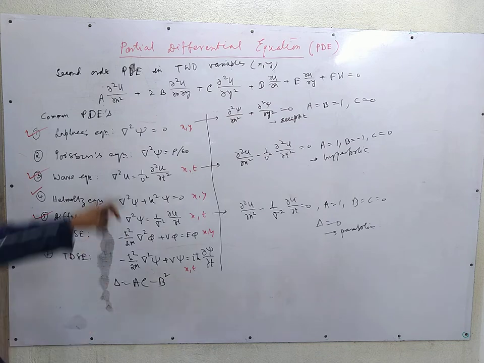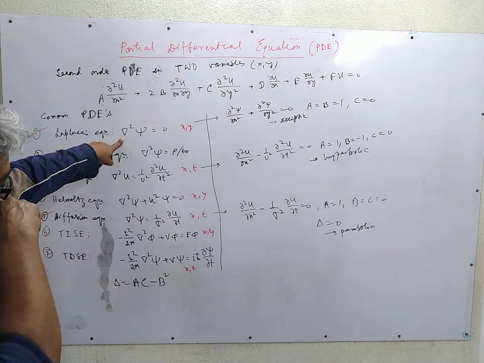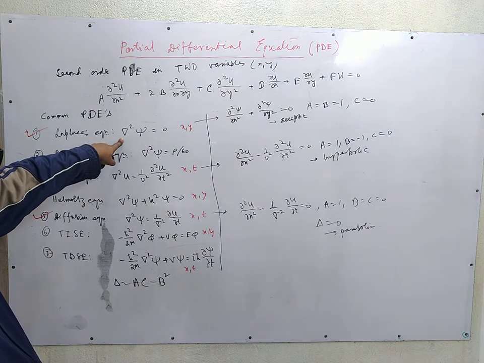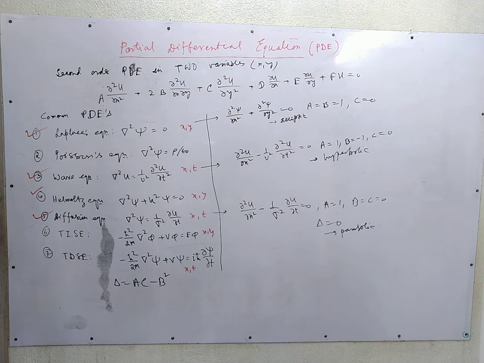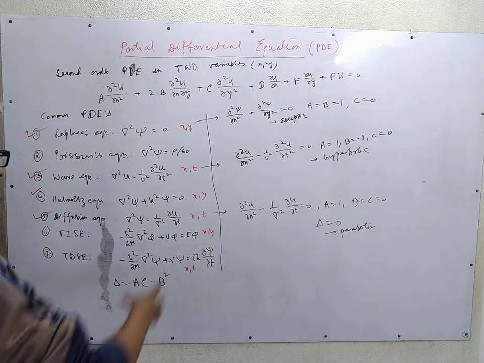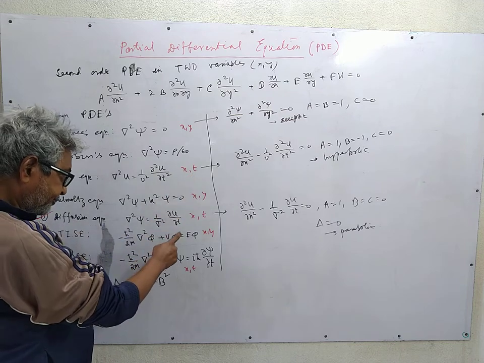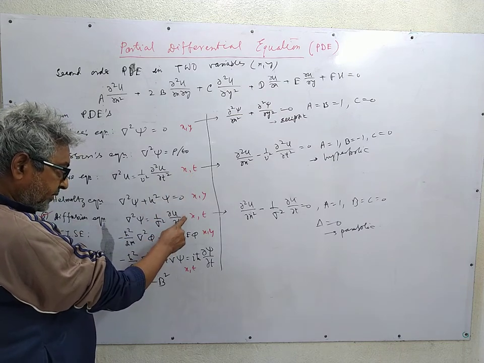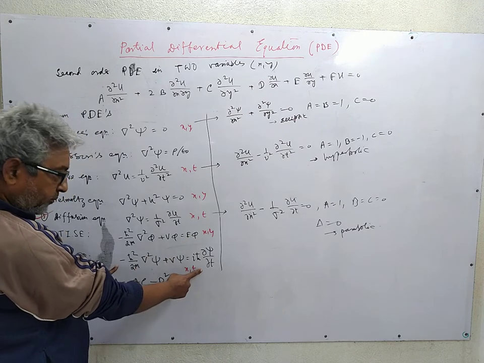For example, in an electrostatic problem in 3 dimensions, the independent variables would be x, y, z, or r, theta, phi, and so on. So there may be 3 variables. There may be 4 variables. This equation may also involve 4 variables. This may involve 3 variables, and this may involve 4 variables.